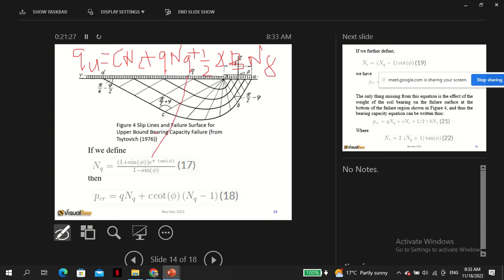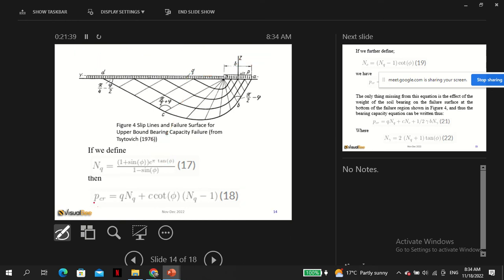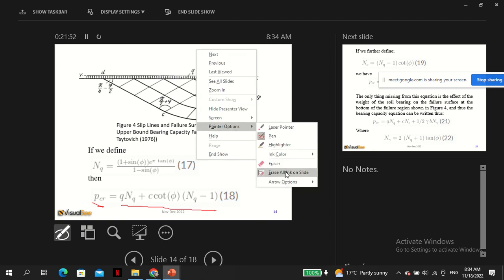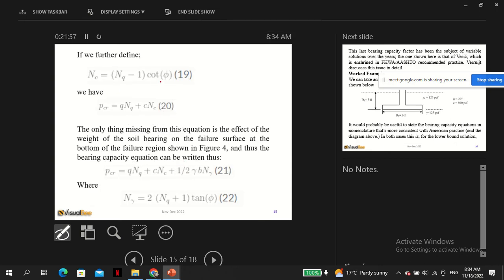You can see now the actual variation. Okay, so now the critical value can be obtained based on equation 18. And Nc, again I told you, is a value based on phi.